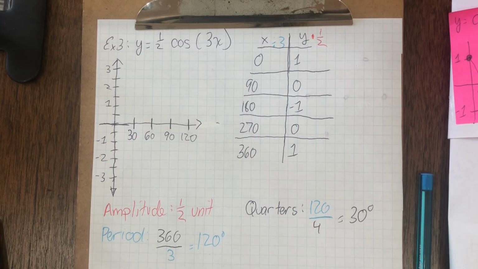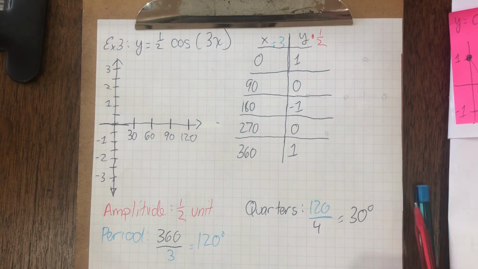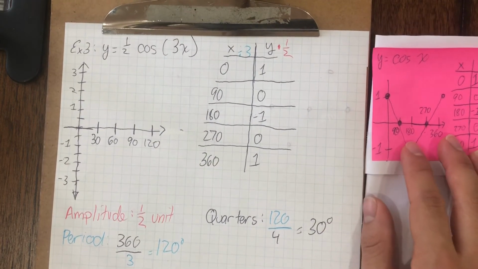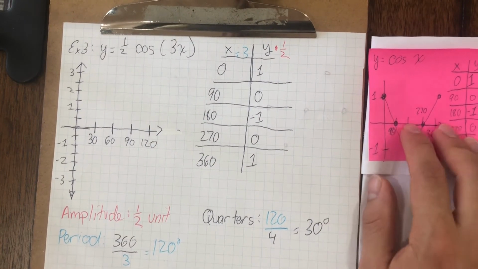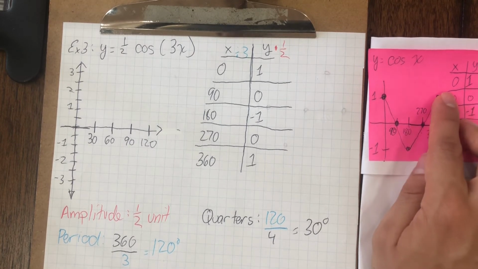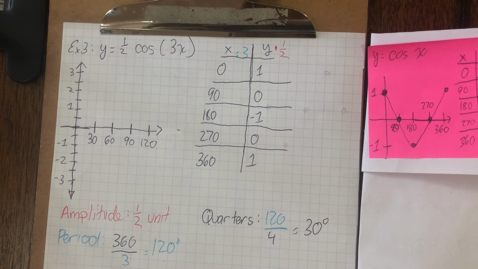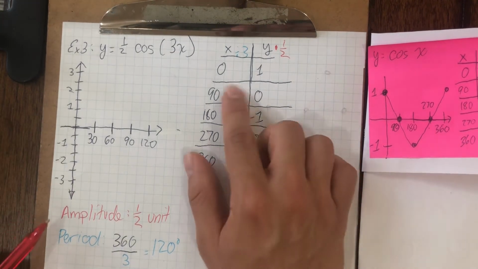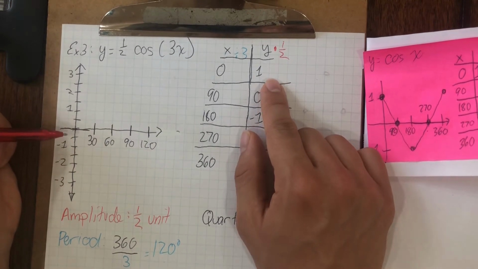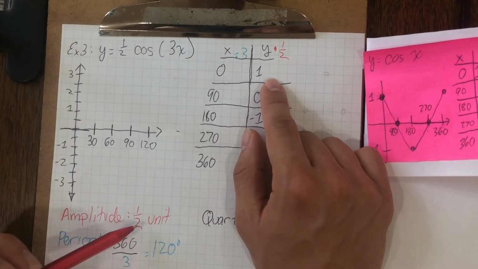All right. So what we're going to do is get my new graph for cosine of x by using the pattern from the original. So remember, the pattern is max, mid, min, mid, max. So we're going to do the same thing for this one. The original point was 0, 1, which is the maximum point, and now the amplitude is reduced to 1/2.